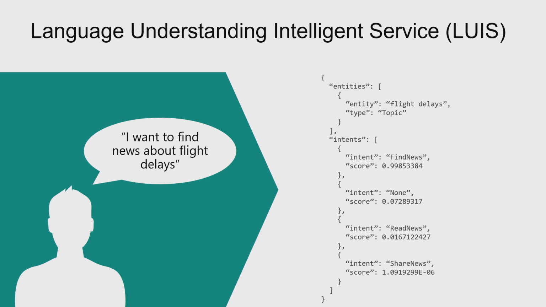You can see that every intent has a probability. All of them add up to 1. So this is the most probable one because we trained with some examples. And also the topic is flight delays. Again, flight delays is the entity, of type topic, that we added.